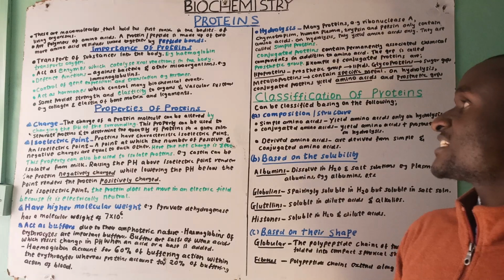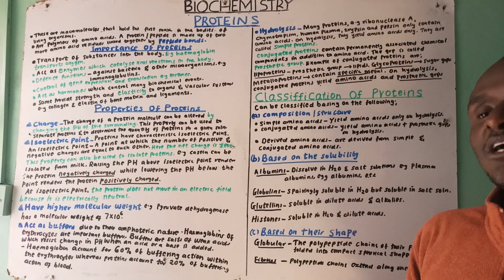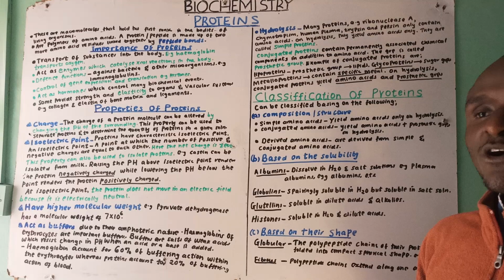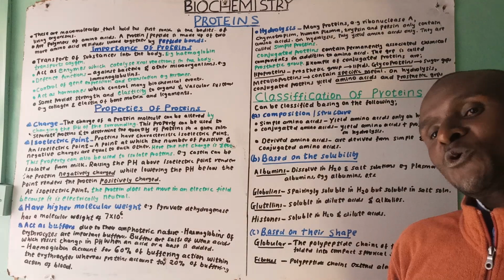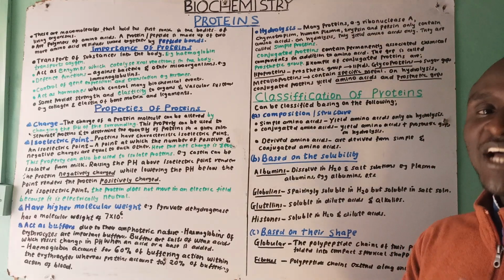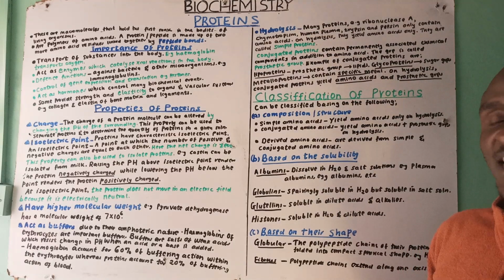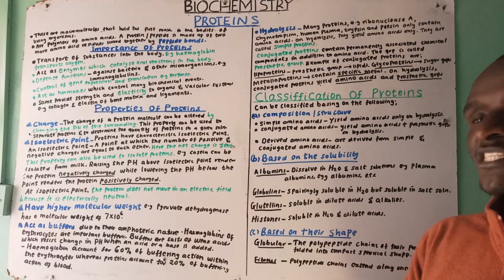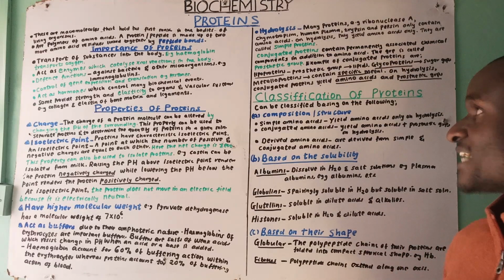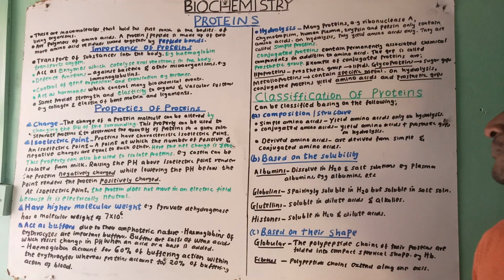Then the last property is hydrolysis. Since proteins are compounds, on hydrolysis, proteins yield their components, which are amino acids, and those that contain prosthetic groups yield amino acids and prosthetic groups.